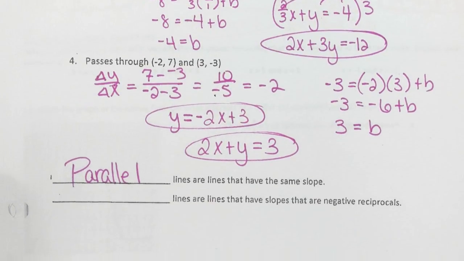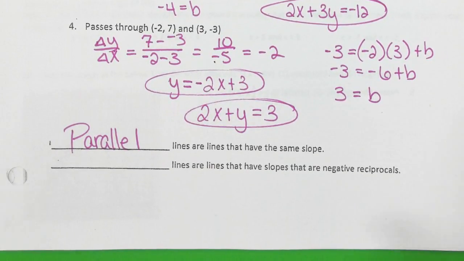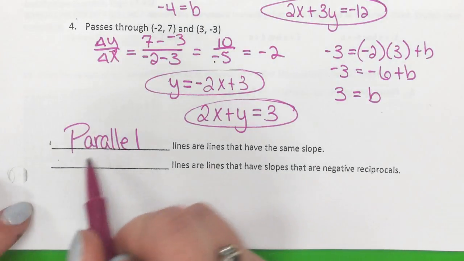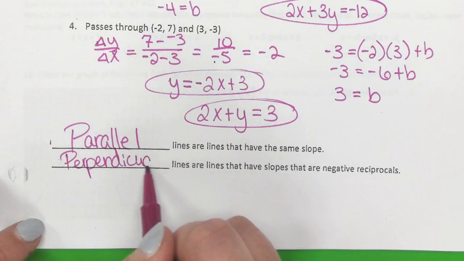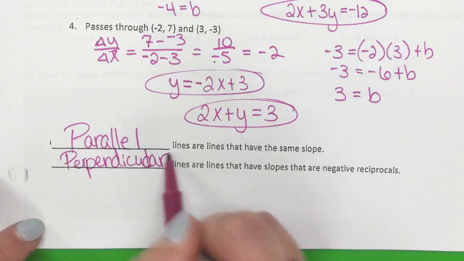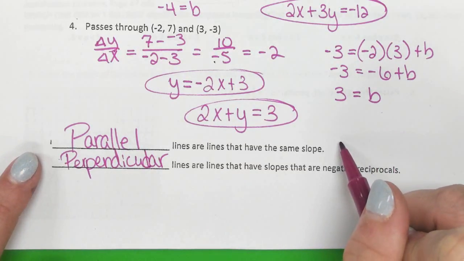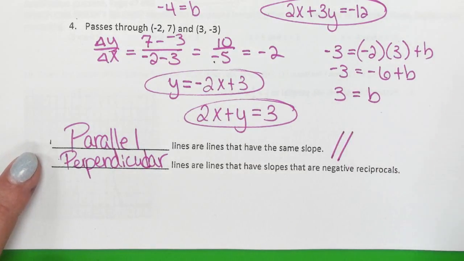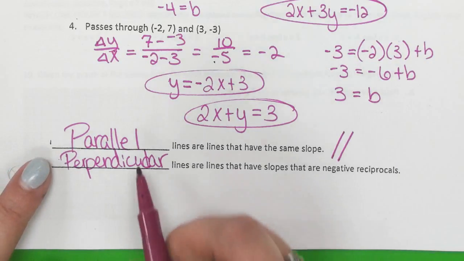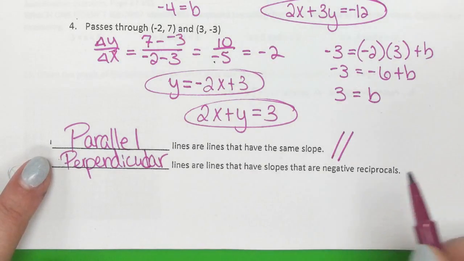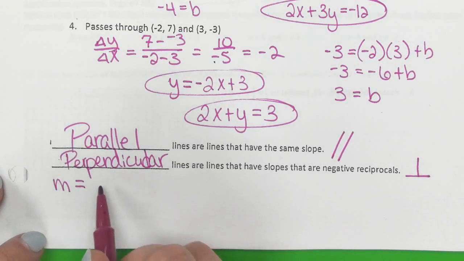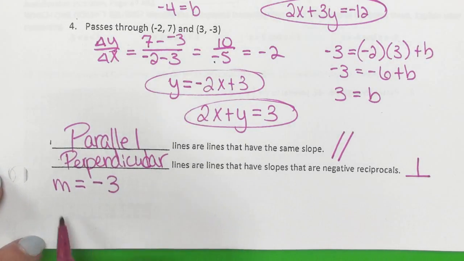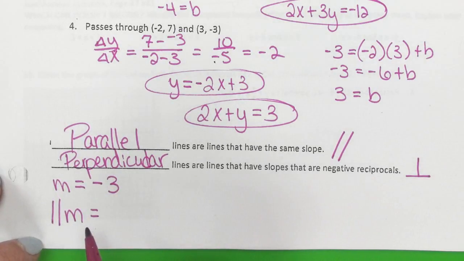What about lines whose slopes have a negative reciprocal? Perpendicular. Does anybody remember the symbol for parallel? The 2 lines. What about perpendicular? That's the upside down T. So if I gave you a slope of -3, what would be the parallel slope?